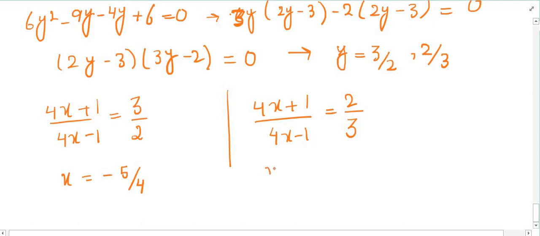From this you will get x equals 5 by 4. So the solution set is plus minus 5 by 4.